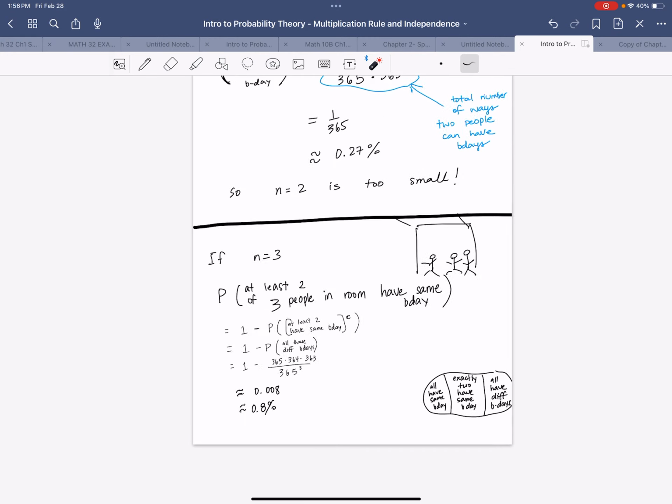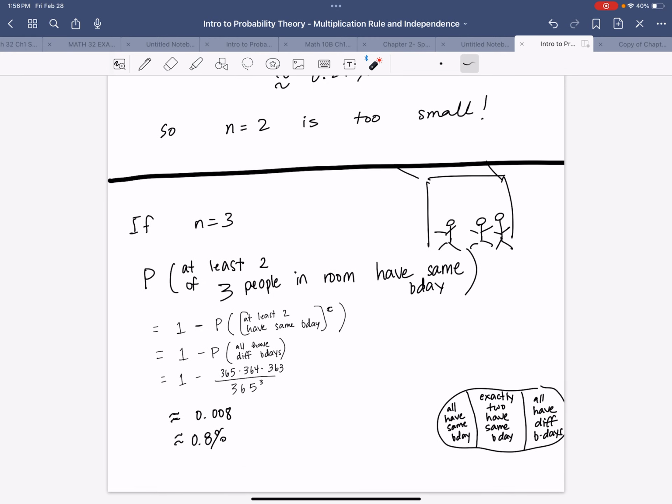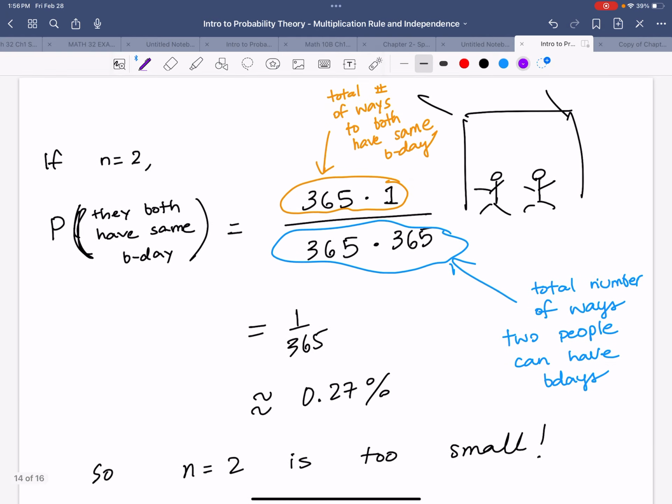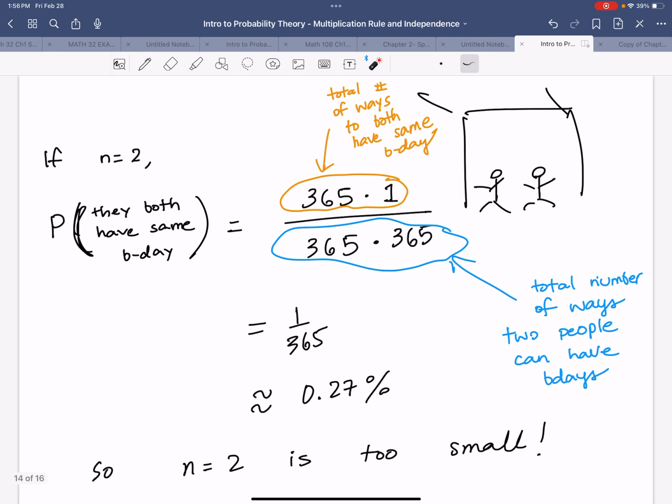So one of the things we were assuming, our assumptions, maybe we can write them in purple. We assumed that each person entering the room had 365 days that could be their birthday.